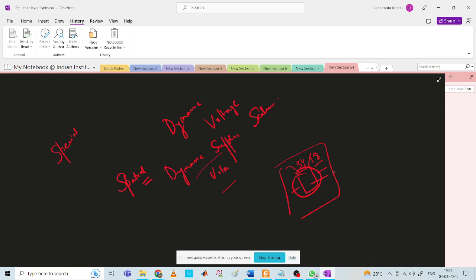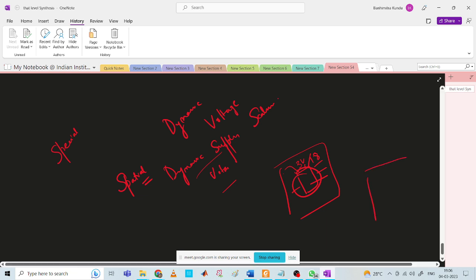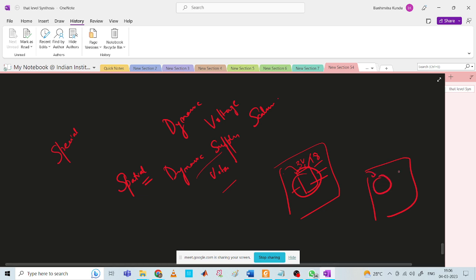Now spatial voltage. In a chip, in an IC, there are few areas which require more power and there are few areas which require low power. So spatial voltage scaling, or spatial voltage management, means you route the voltage to these ASIC areas in a very dense way, so that all the elements get the power.